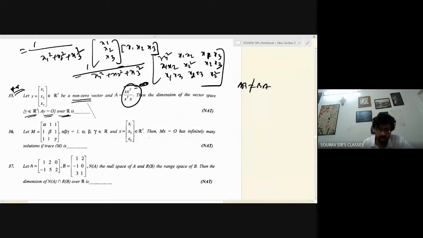As a non-zero vector, we can take it as x1, x2, x3.